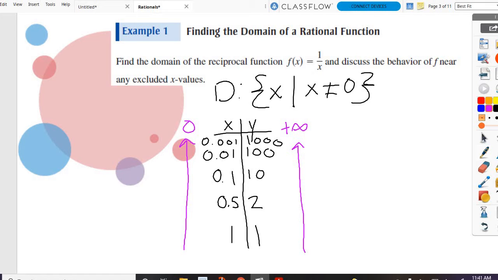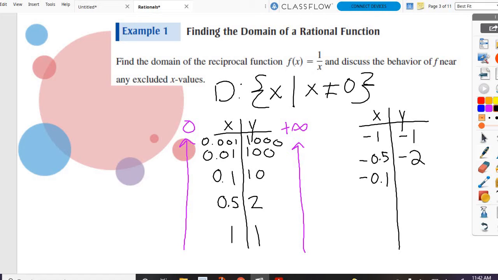Are those the only numbers that are close to 0? What other numbers are close to 0? Negative numbers. So all of these numbers are on the right side. We also have to look at our left side. So if I looked at, say, -1, what do we get when we plug it in? -0.5? Are we going to continue in the same pattern as our other one, just with all negatives now instead?